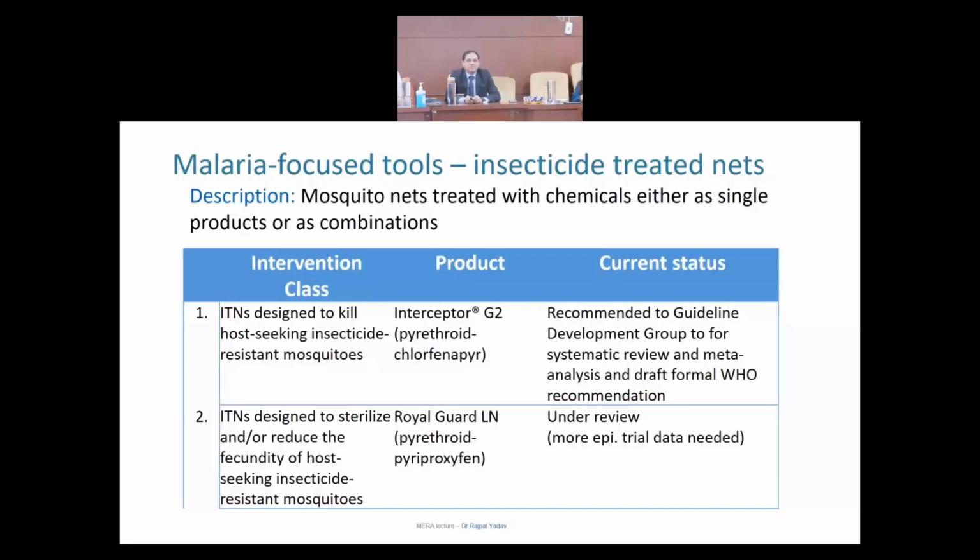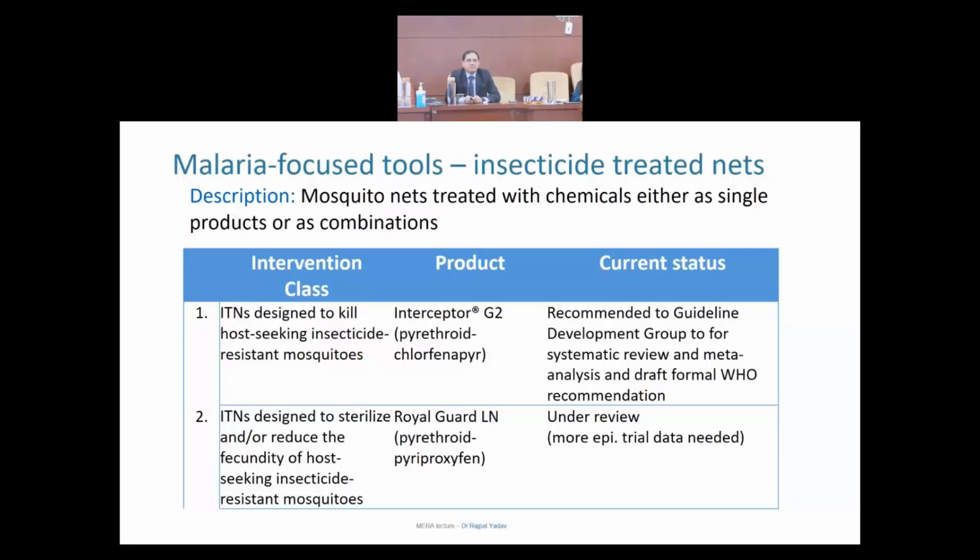The first class means killing host-seeking insecticide-resistant mosquitoes, but this is to sterilize or reduce the fecundity and fertility of host-seeking insecticide-resistant mosquitoes. Both tools are against resistant mosquitoes, but this one is to kill and this one to sterilize or reduce the fecundity and fertility. So both have a different mode of action and both have different insecticide compounds.